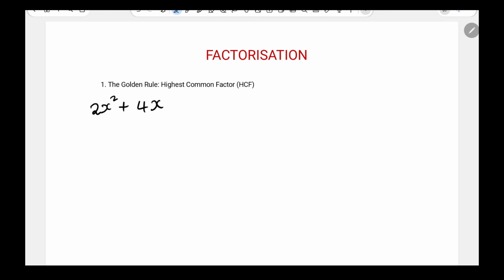Look at the numbers 2 and 4. The highest common factor is 2, because we can divide both by 2.